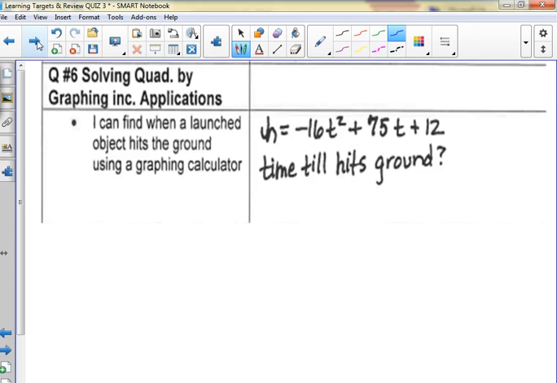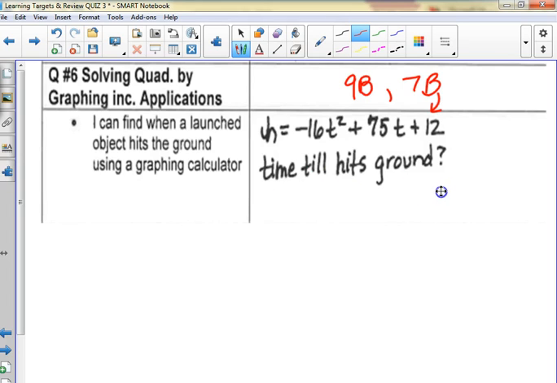All right, applications. Was there applications on 7B? I know there was on 9. I feel like 7B had this kind, and then 9B had the other kind.